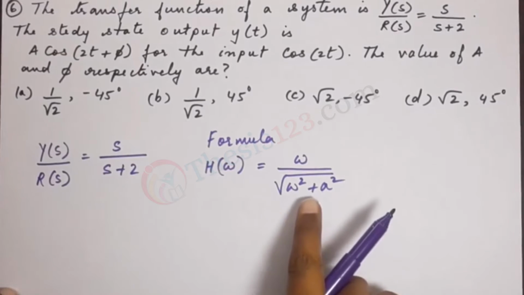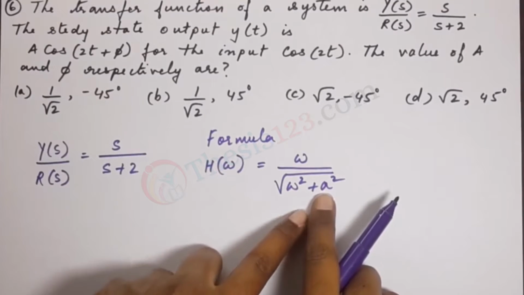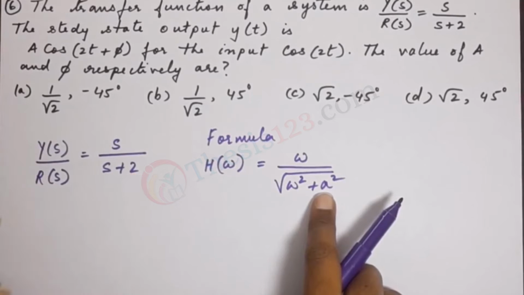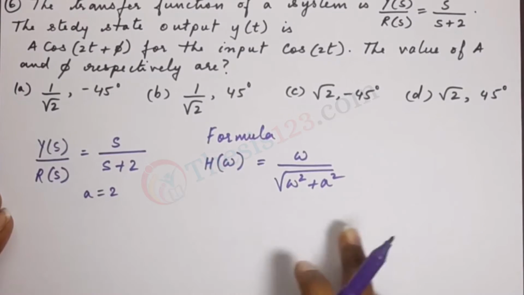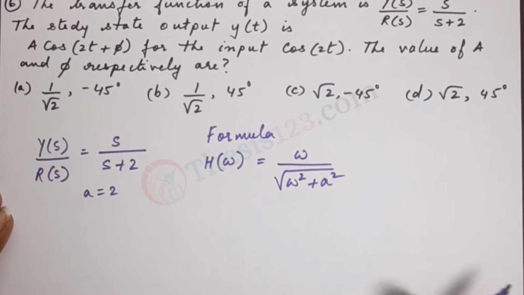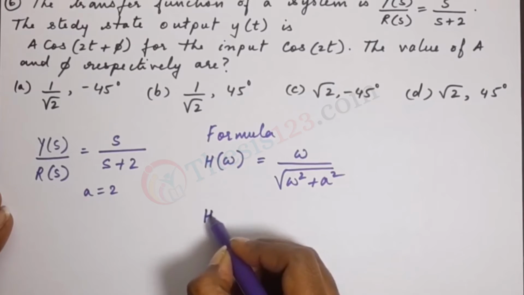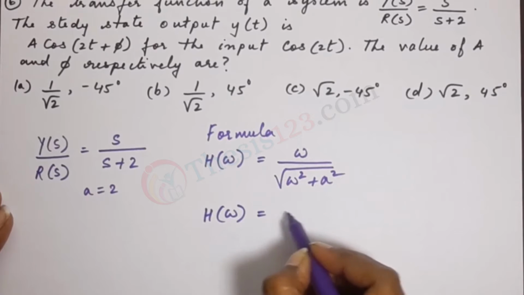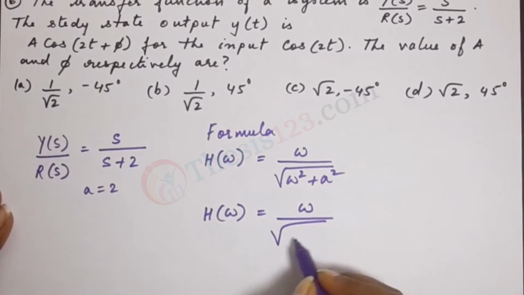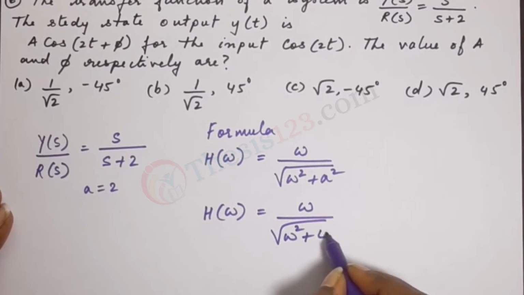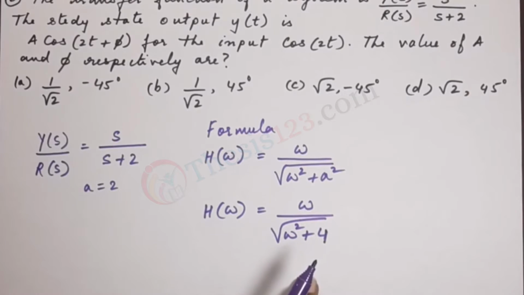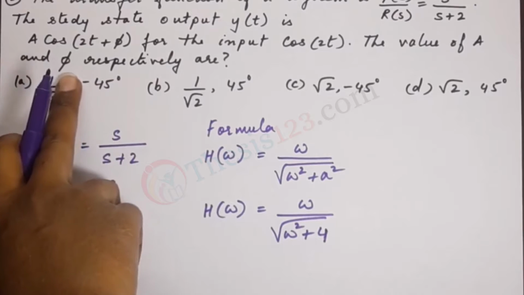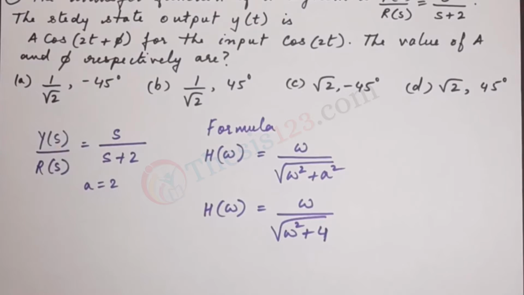Now this is the formula. When we compare this, a is 2. Now let's substitute that into this formula over here. So we will get H of omega is equal to omega by root of omega square plus 4. Now we need the phase as well, because we are asked the value of phi, so we need the phase angle.